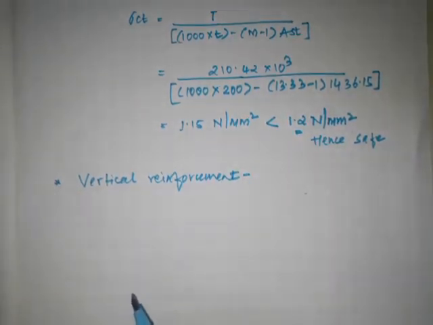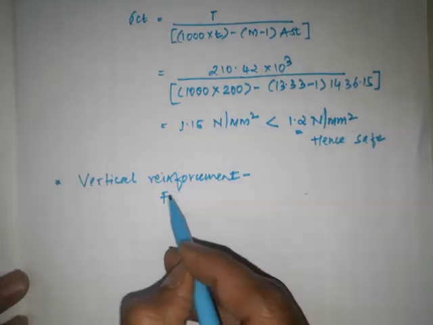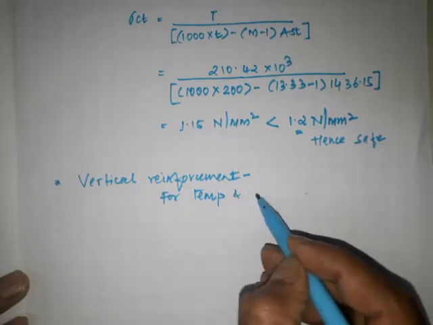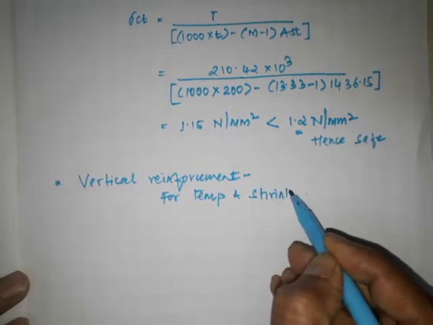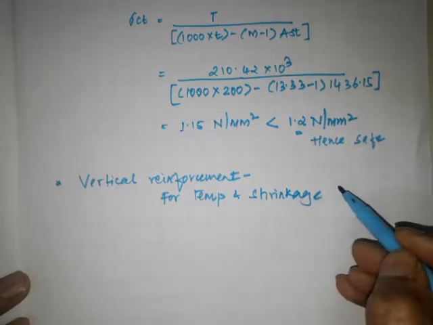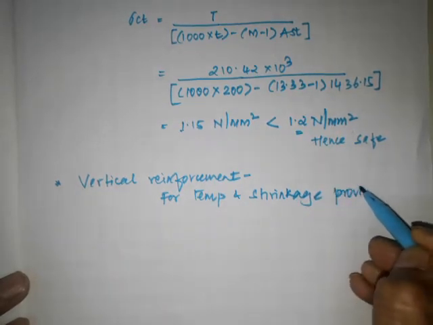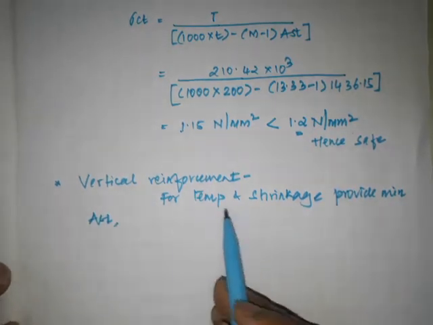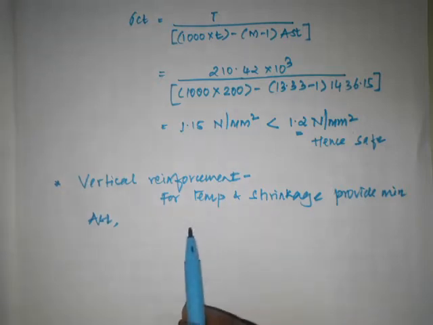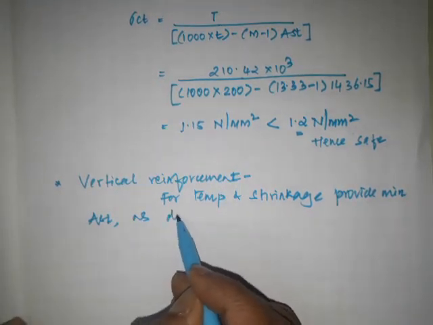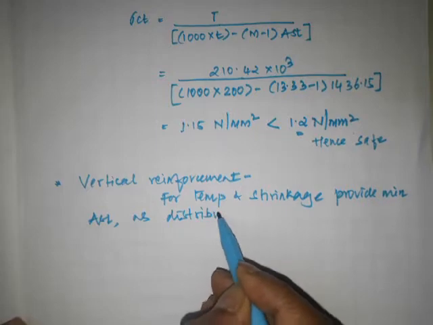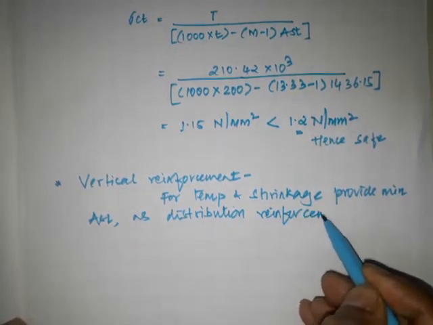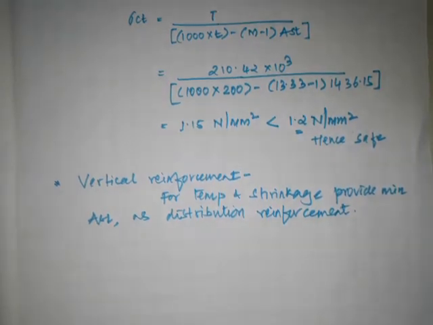Okay, so here for temperature and shrinkage, provide minimum AST. So to resist temperature and shrinkage, provide the minimum AST as distribution reinforcement.